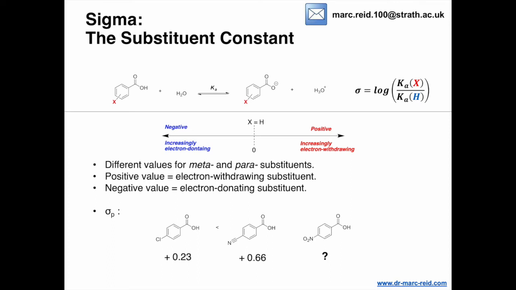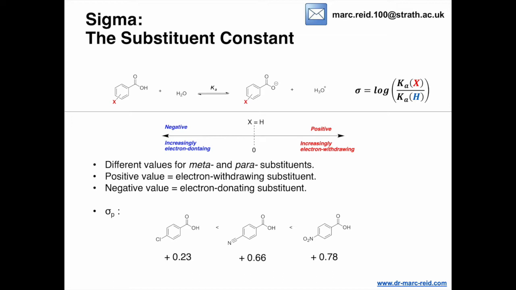Let's look at another example. Relative to para-chloro and para-cyano, what sort of numerical value of substituent constant sigma would you expect for para-nitro? Again, pause the video now if you want to answer this question yourself and come back later to see the answer.